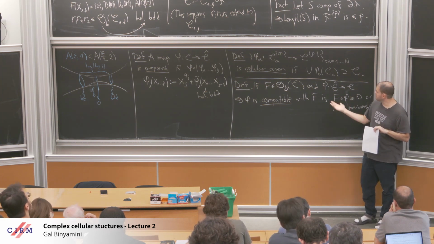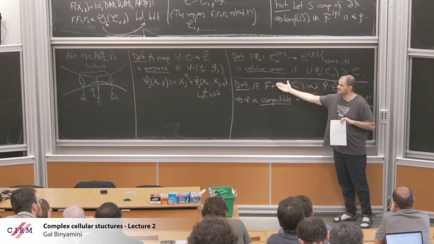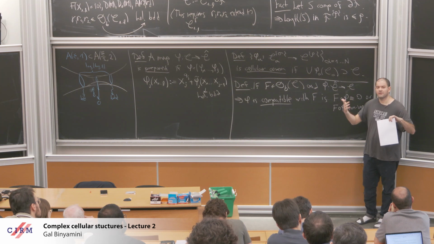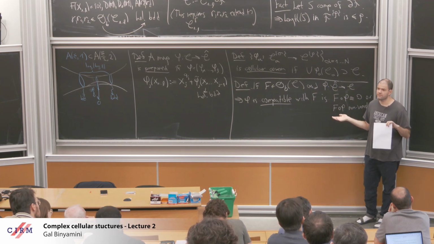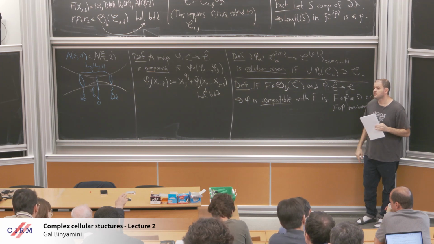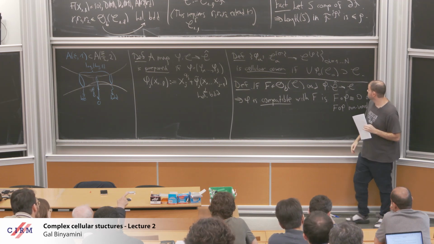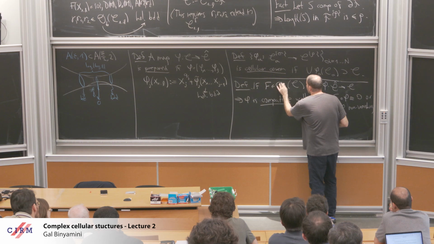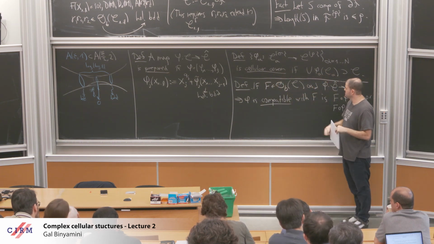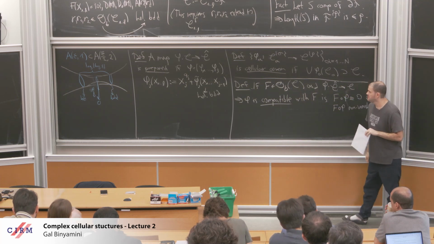So we are saying that a cell is compatible with the function if either the function vanishes identically on the cell or it never vanishes on the cell. Okay, that's the definition. F belongs to what class? This is OB. This is my notation for bounded holomorphic functions. Yeah, just bounded holomorphic functions.